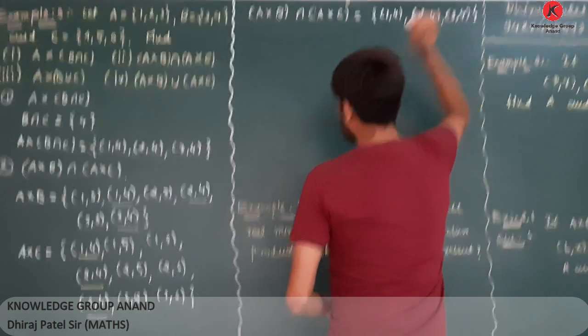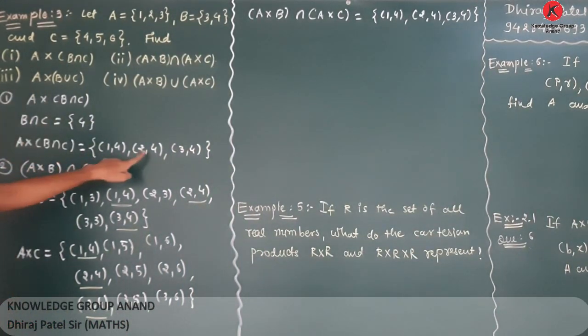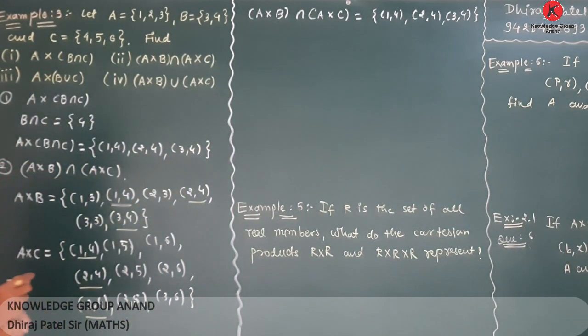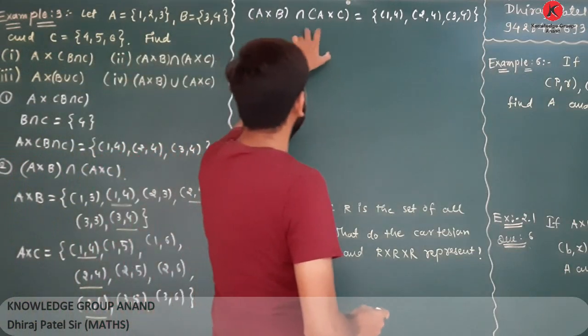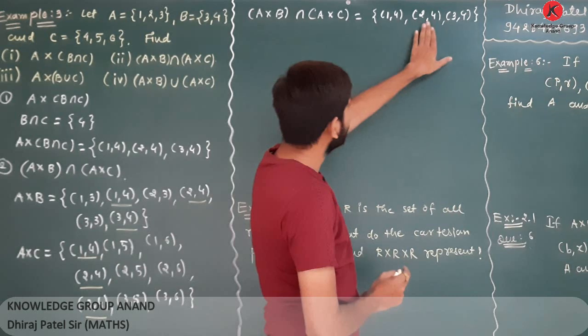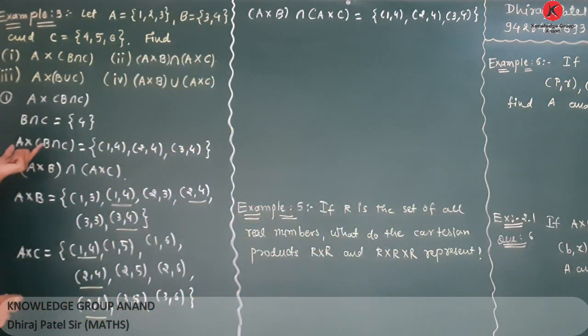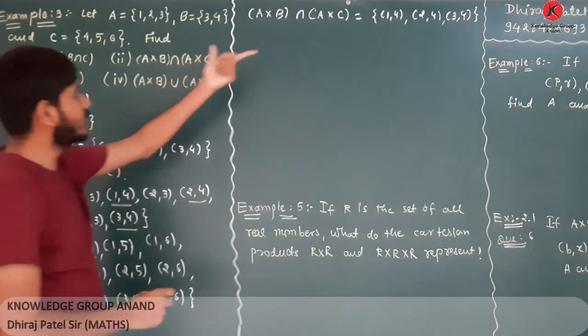Okay, now see, in the first, A cross B intersection C, 1, 4, 2, 4 and 3, 4 are there. Same as A cross B intersection A cross C is also equal to 1, 4, 2, 4 and 3, 4. Therefore we can say that this statement equals this statement.